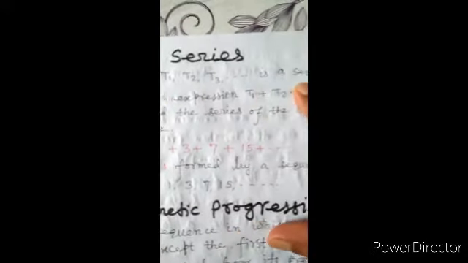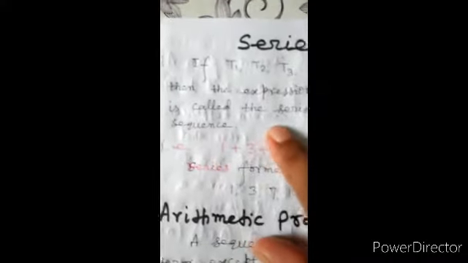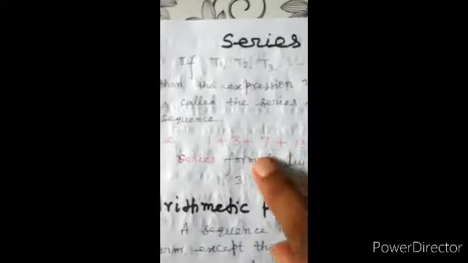Now come to series. What about series? If T1, T2, T3, etc. is a sequence, then the expression T1 plus T2 plus T3 plus and so on is called the series of the given sequence. It means when we add the terms of a sequence, we get a corresponding series.